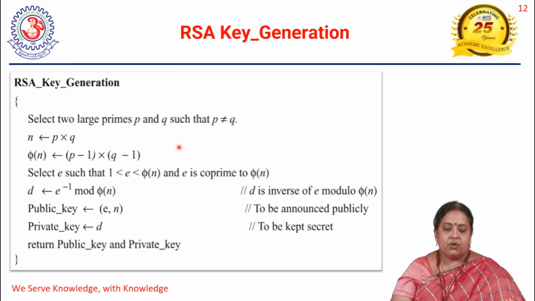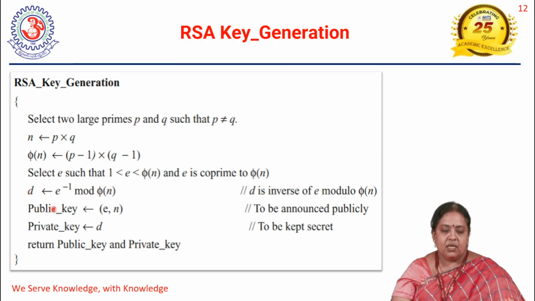Then we are going to calculate D, which is called the private key. We take the multiplicative inverse of e mod phi of n. E inverse mod phi of n gives us D, that is the private key.